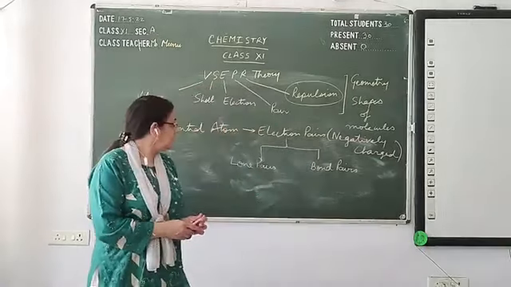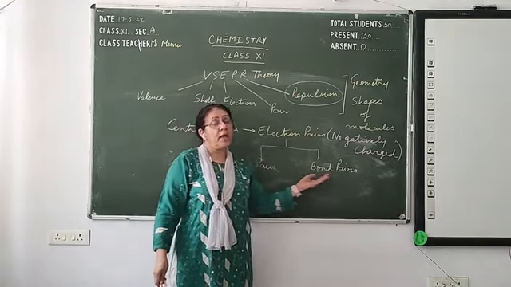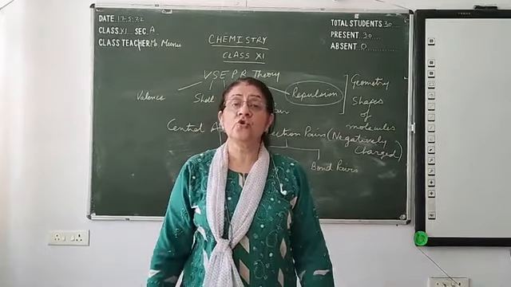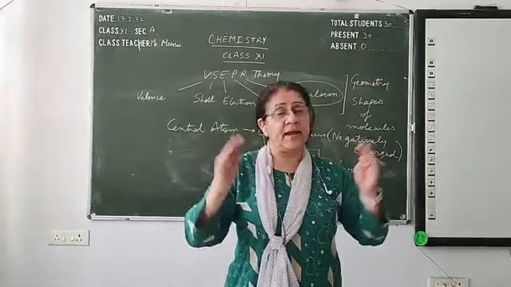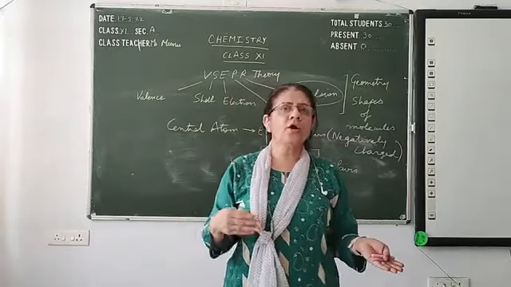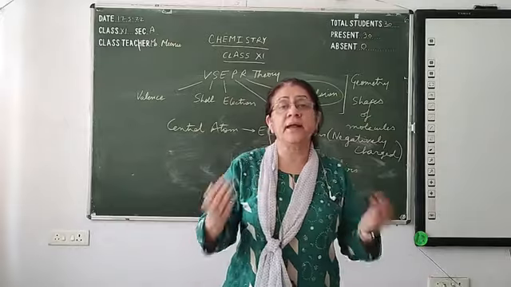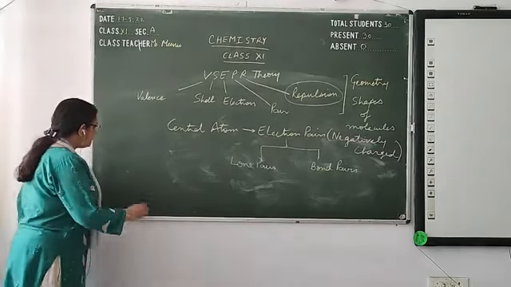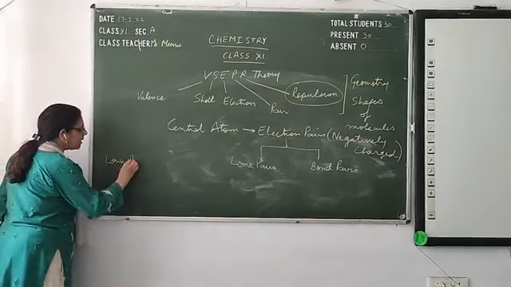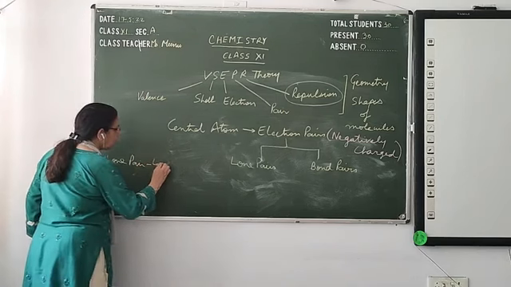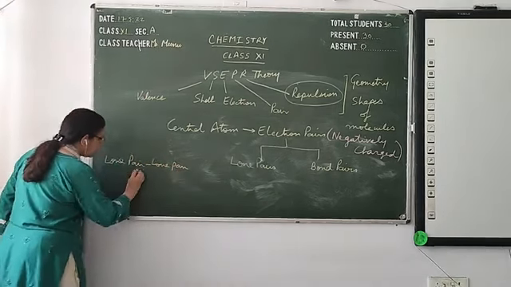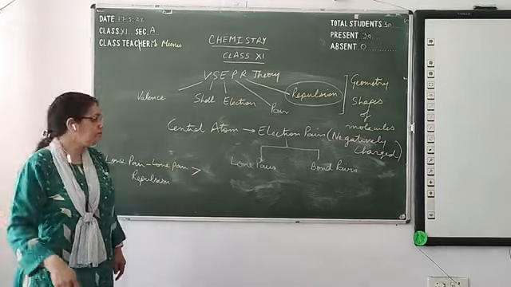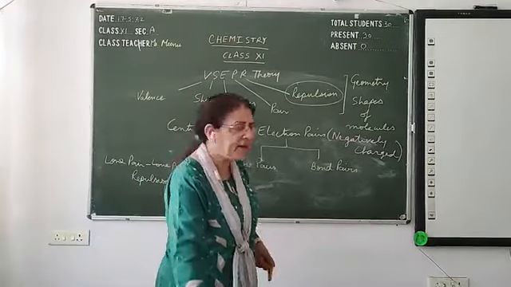Now what we have to remember is that there are two types of electron pairs, the lone pairs and the bond pairs. So is the repulsion between lone pair and bond pair going to be the same, or is it going to be different? What you have to remember is that the lone pair repulsion will be more than lone pair bond pair repulsion.